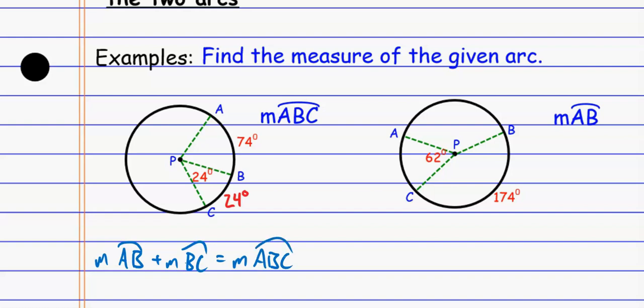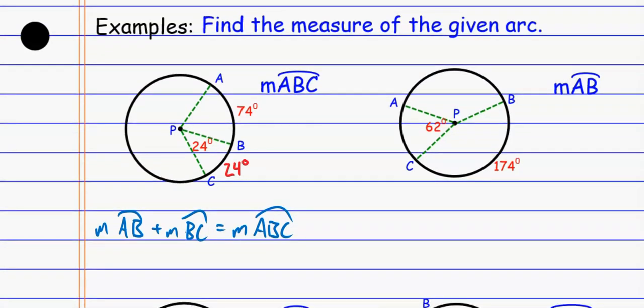Or we could just call that arc AC if we're getting technical, because it's less than 180 degrees, because it's less than a semicircle. But again, the whole point here is that the two smaller arcs add up to the whole arc. And so when I do this, it's just 74 degrees plus the 24 degrees. And so when I do that, it gives me 98 degrees. So the measure of this arc is 98 degrees.